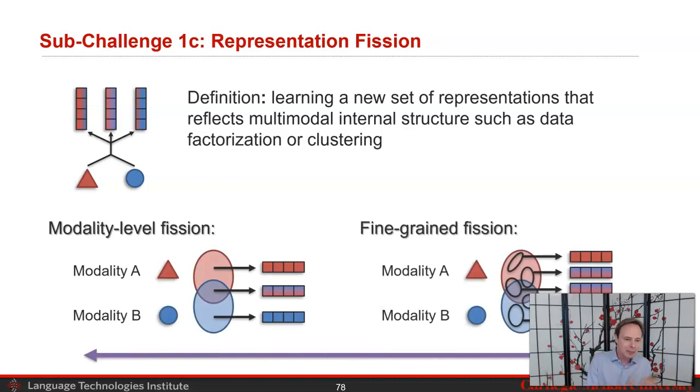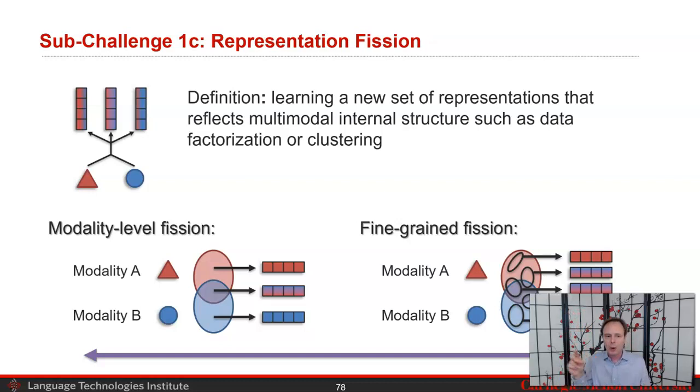On one end, we're going to do modality-level fission. What it is is that you have modality A, you have modality B, and you're going to look at their interaction. And you're going to end up with only 3 representations. One representation that only contains modality B, nothing of their interaction. Another one that's only modality A, but nothing of the interaction.